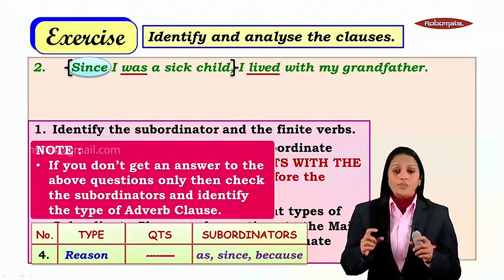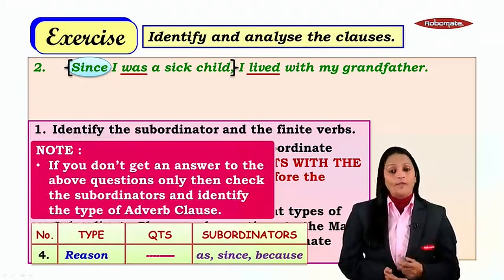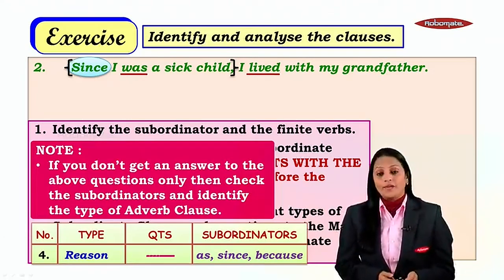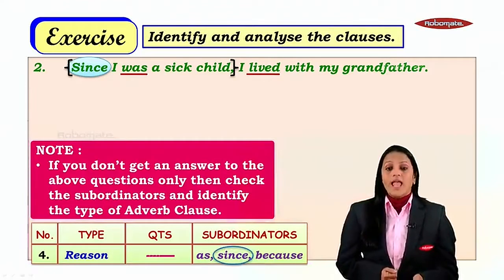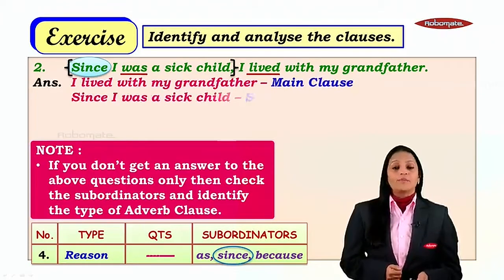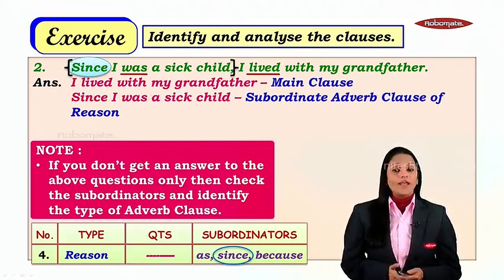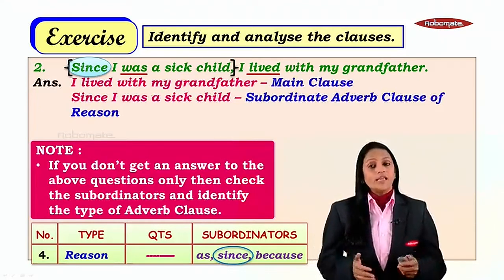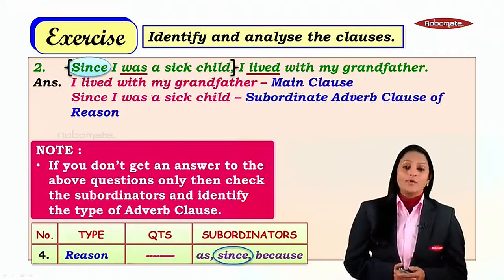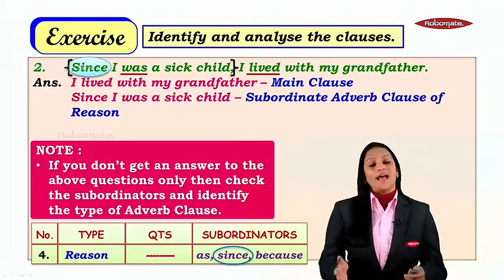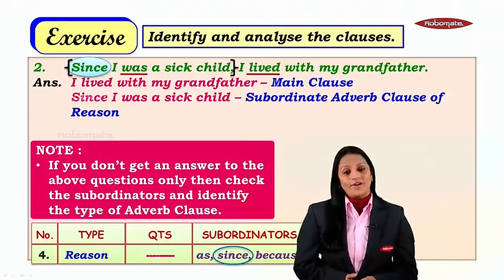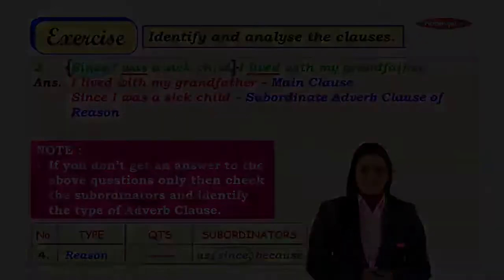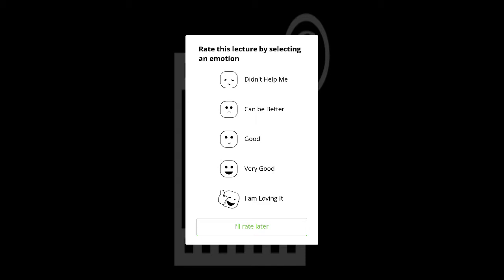We've taken these small patches from the earlier table. So here, reason: as, since, because. And here we have the subordinator "since," and therefore this is adverb clause of reason. How do you write the answer? I lived with my grandfather, main clause. Since I was a sick child, subordinate adverb clause of reason. Students, that is how simple it is to identify your nine types of adverb clauses.